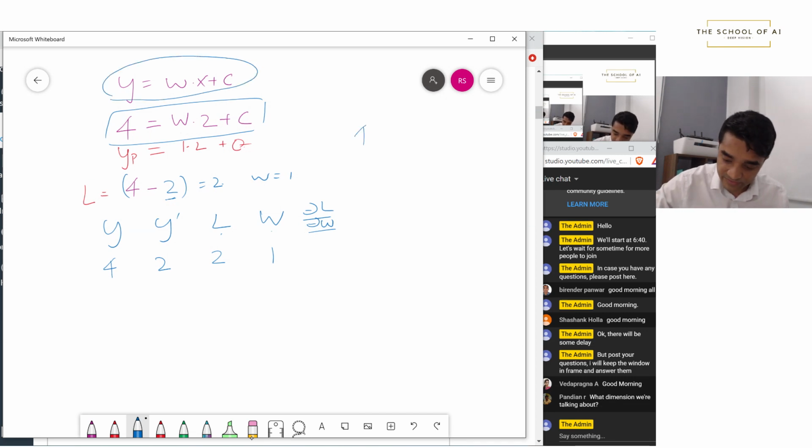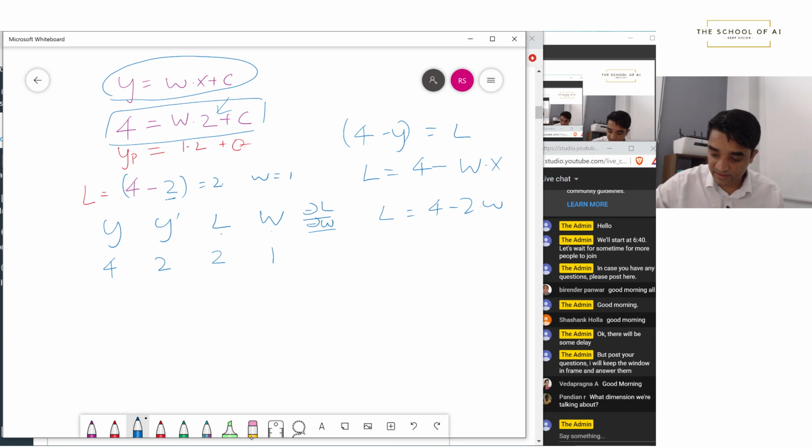So we are saying basically 4 minus y is a loss, which means a loss is equal to 4 minus w into x. C, let's say it's 0, so a loss is equal to 4 minus 2 into w, since x we said is 2, right? So you can directly see here that the partial derivative of L by delta w is equal to minus 2, right? It's very clear here, but we don't want to use the equation because we will not have that kind of freedom in our deep neural network.